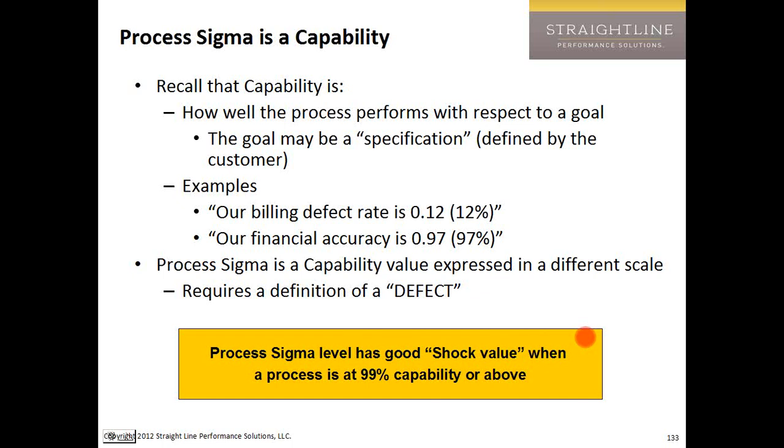Mentally, a lot of people have a block. In a lot of cases we do need to get people to do better than that 99% because there's a ton of money, or customer goodwill, or additional customer value that we can get out of not messing up on that 1%. So sometimes DPMO can give us a shock. We're only making 1% error, but we're doing this millions of times, which means we're making thousands of errors. Sometimes that has a lot of merit. So process sigma can be beneficial.